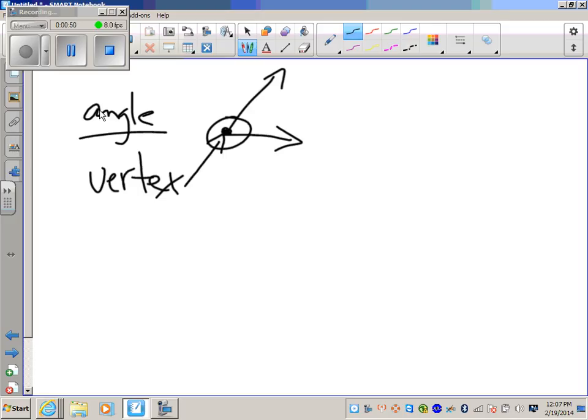352 at the top, an acute angle is less than 90. The key to understanding angle measurements is making sure that you understand what a right angle looks like.